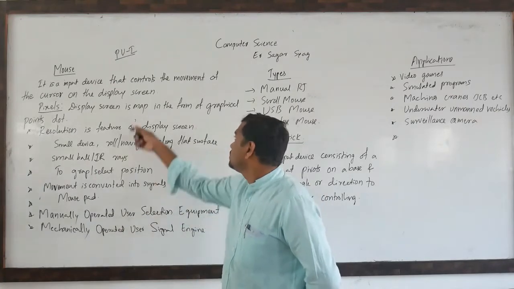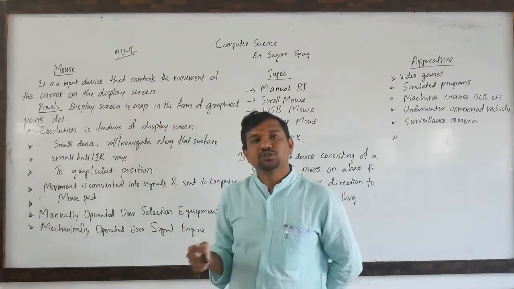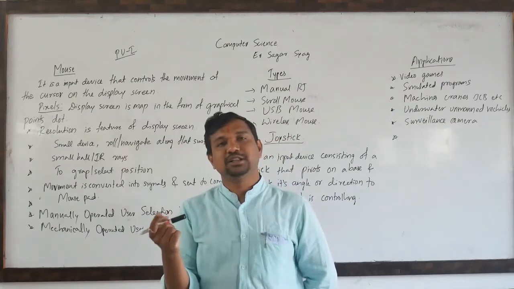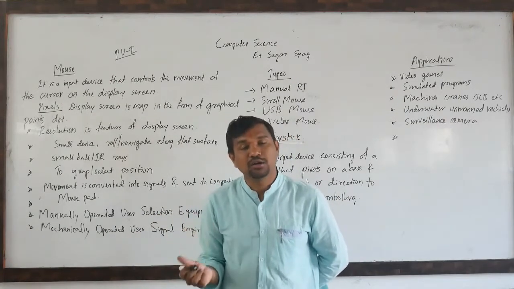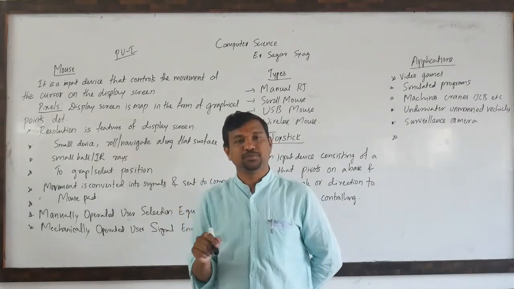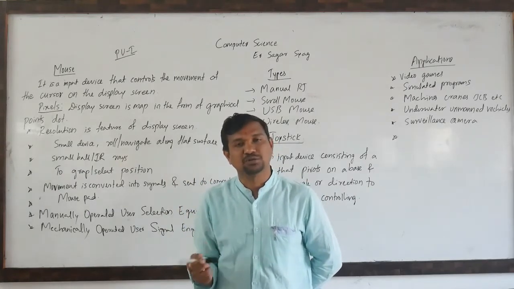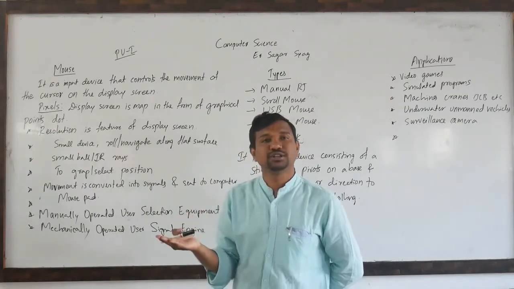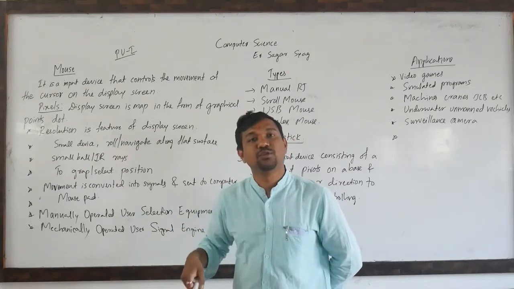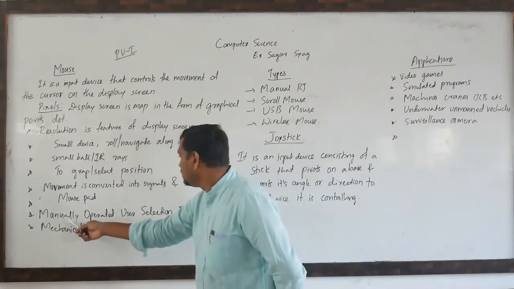Next, about the mouse. In the examination there is a possibility they will ask to define mouse or expand mouse. What is the full form of mouse? Let us see.